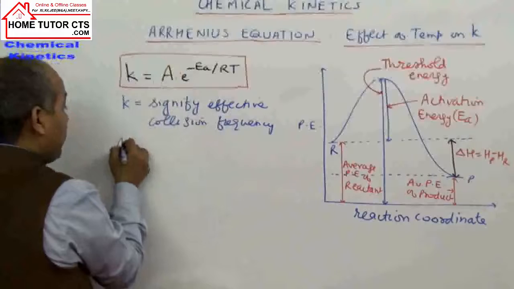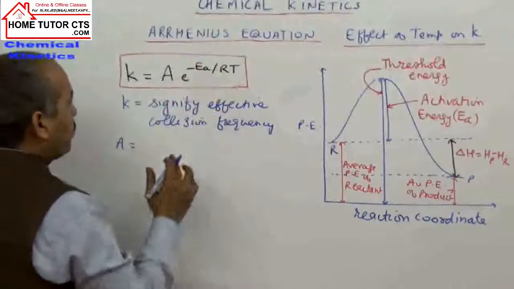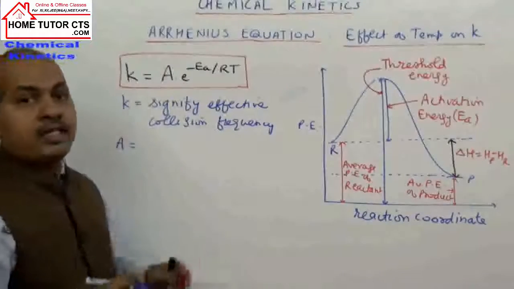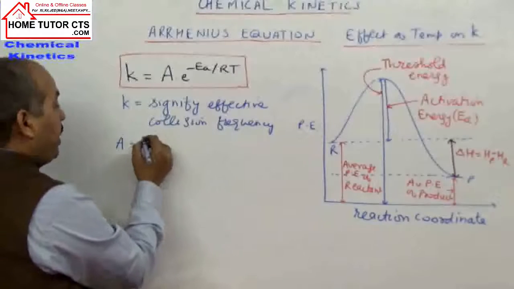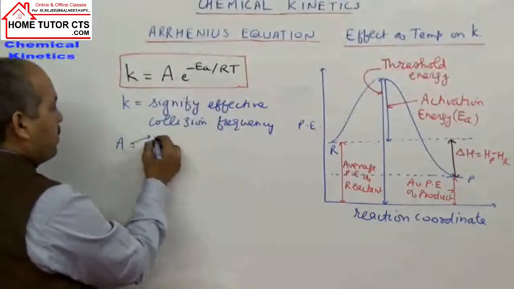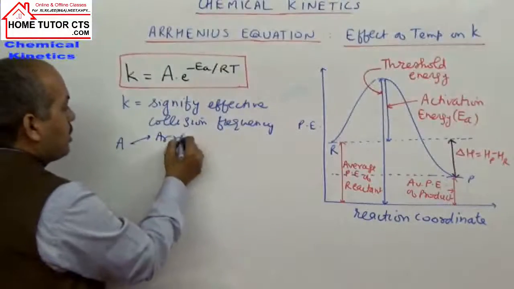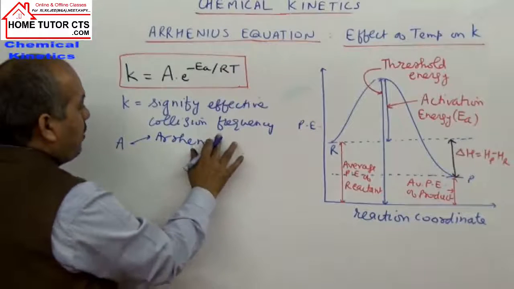And what is A? A is called as, different names are given for A. Already I told you one name, it is called as Arrhenius factor. It is also called as pre-exponential factor. It is called as Arrhenius factor.